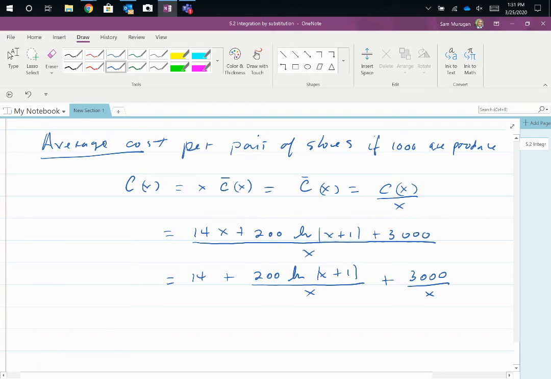So this is C bar, by the way, C bar x, average cost. So C bar for 1,000 shoes, we would substitute 1,000 in here and use a calculator.